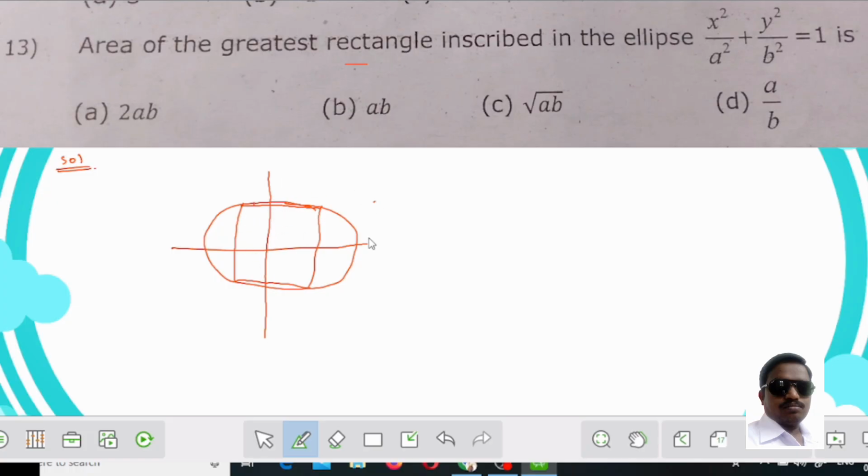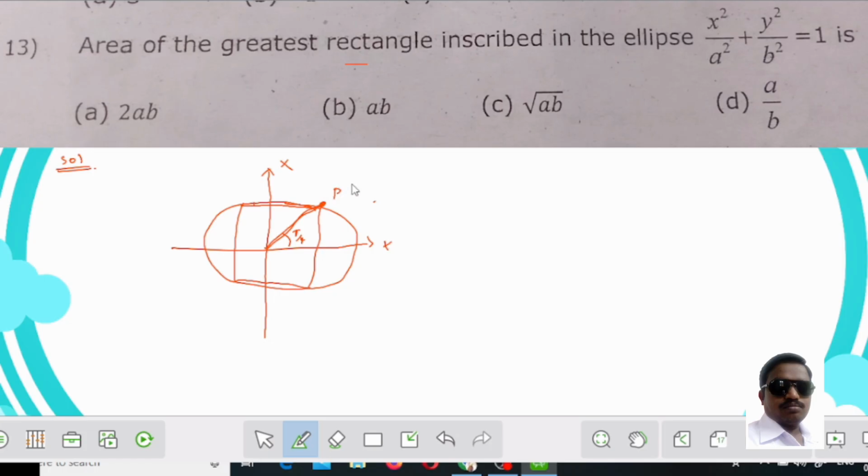Whenever we find the area of the rectangle, we know we need length and breadth. Now you consider this point, which makes 45 degrees, that means pi by 4 angle with the x-axis.